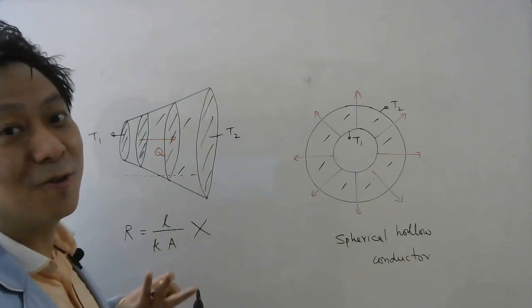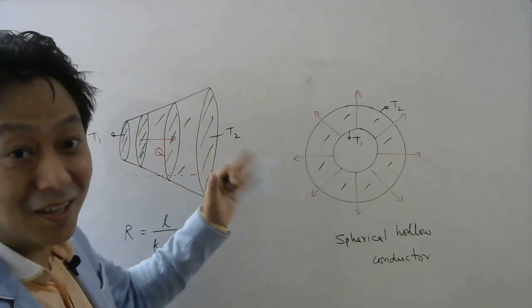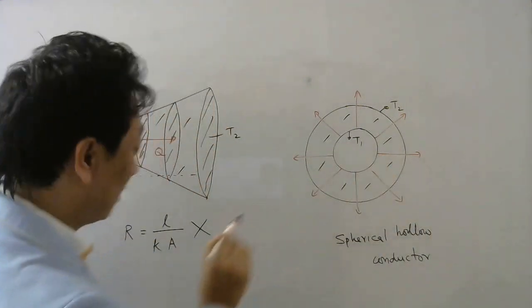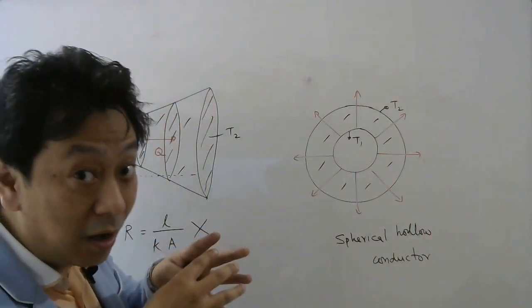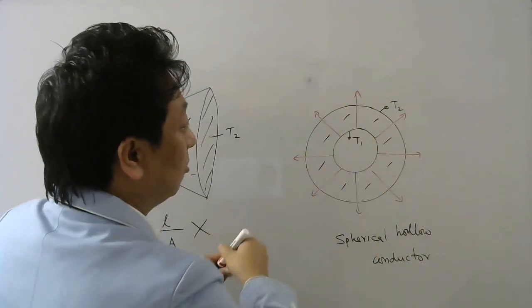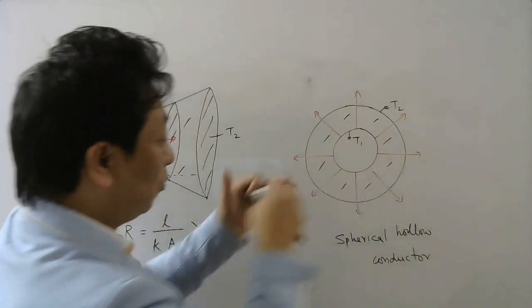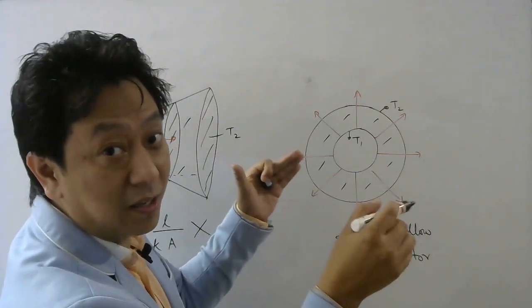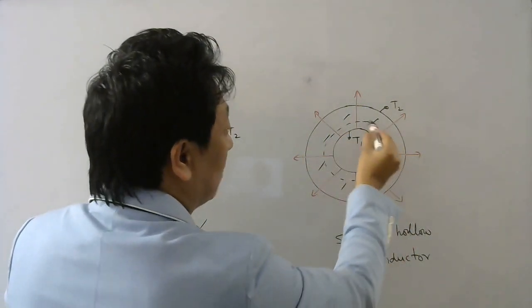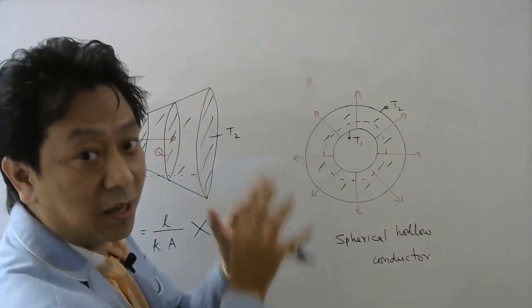Which area will you use? The area keeps changing. Same thing here also, right? As I move along the length, remember this length is always along the flow of heat. As I move along the flow of heat, you can see the area through which the heat is flowing is increasing. When you are here, this is the area through which the heat is coming out.